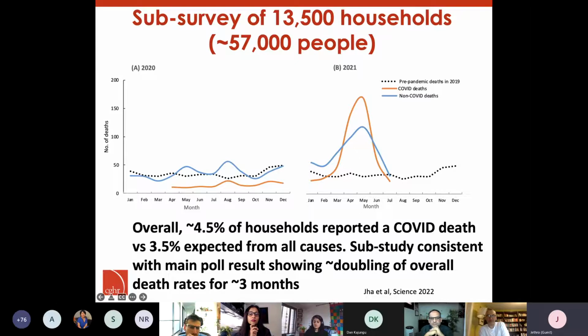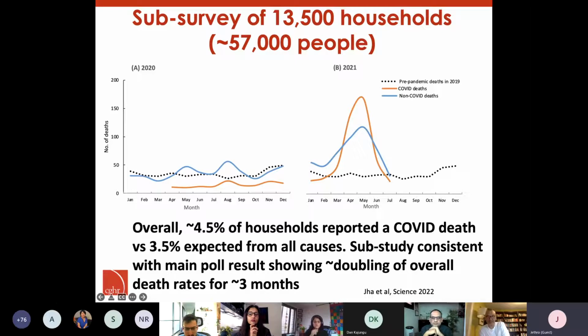What this suggests to us is that the classification by houses between COVID and non-COVID is somewhat arbitrary, that the big excess in deaths is occurring from many conditions. And as we know, it's not just respiratory disease, but heart attacks and other things that can cause death.